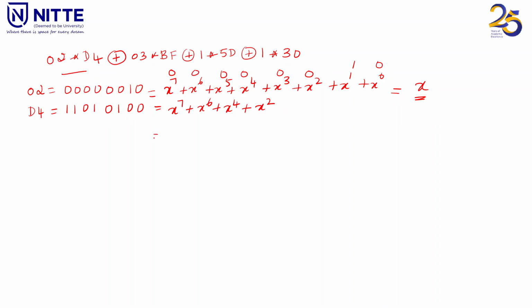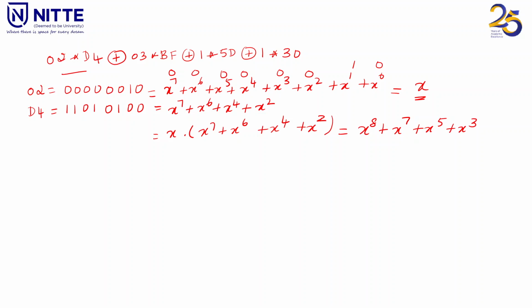So now I try to multiply x, that is the corresponding polynomial value of 2, into x7 plus x6 plus x4 plus x2. So I'm able to get x8 plus x7 plus x5 plus x3.